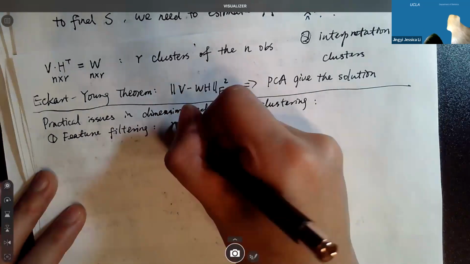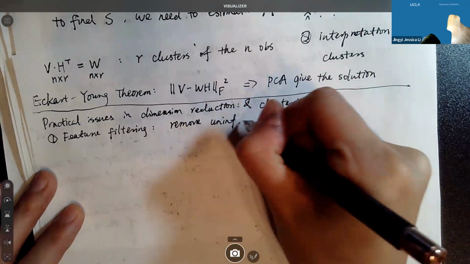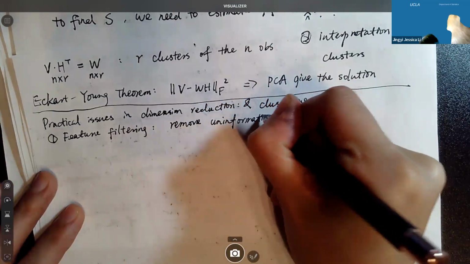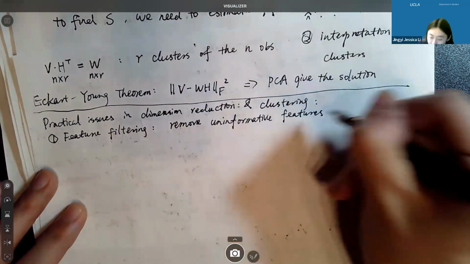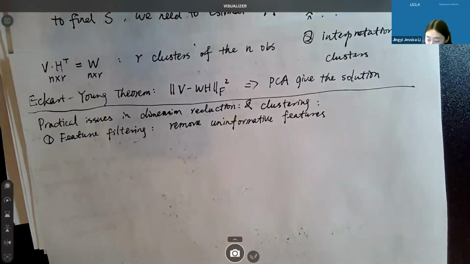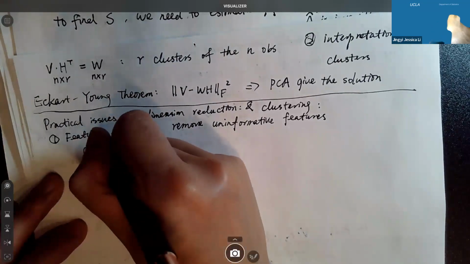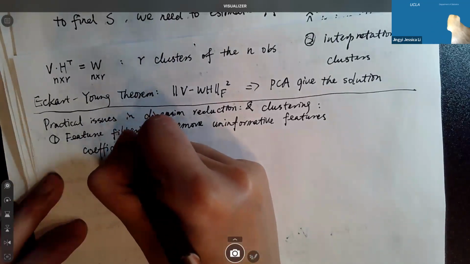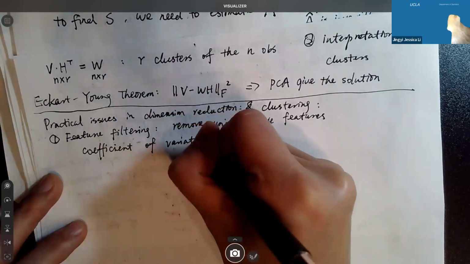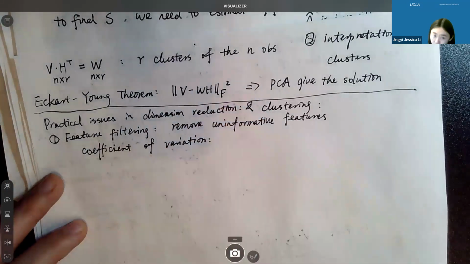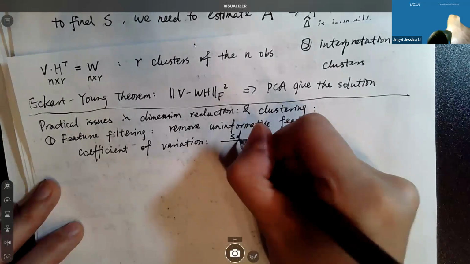So remove uninformative features. One criterion many people use is the so-called coefficient of variation, which is defined as the standard deviation over the mean.